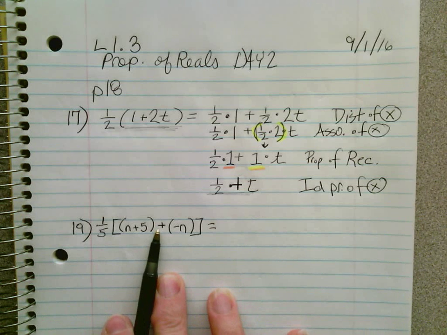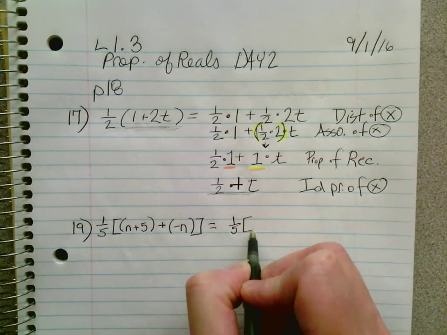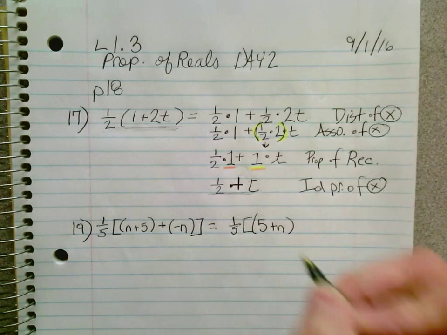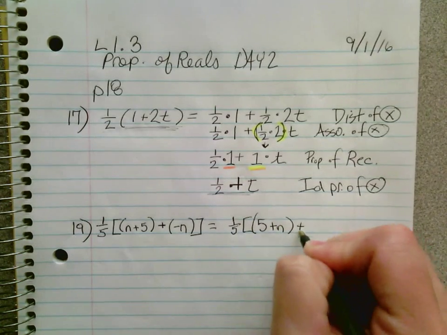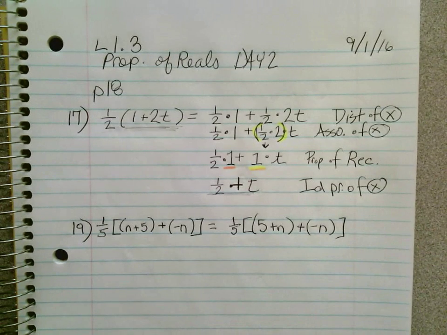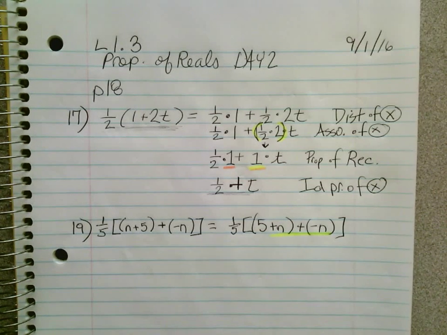How do we get from here to there? Well, we start with the first thing they've shown us, which is 1/5 multiplied by 5 plus n plus a negative n. Notice the change. They moved something. Technically, they could move and group in the same step if you write it that way, but they're breaking it out for you. So they moved the order of those. Moving is what?